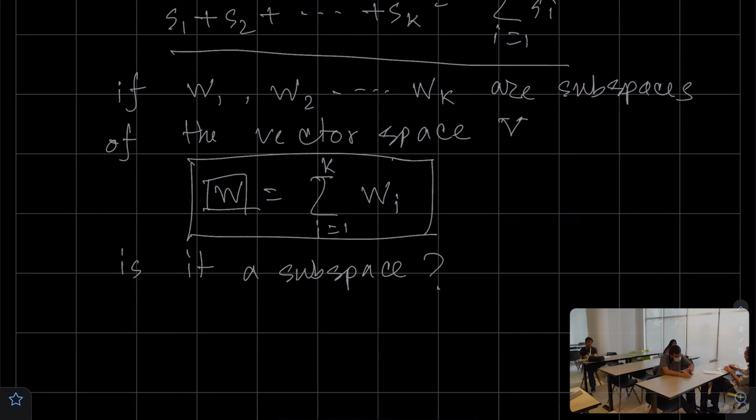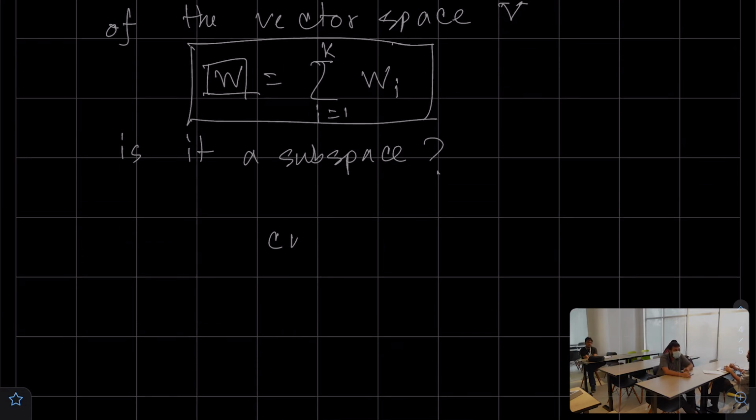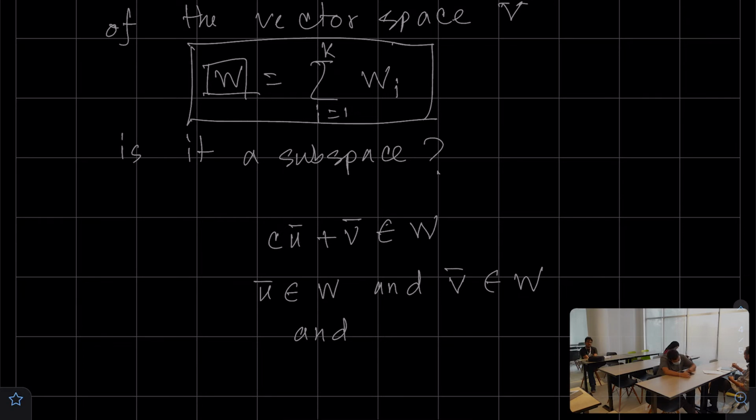You shouldn't just conclude that Cu plus V is in W. You have to check if this vector belongs to W, for any U in W and V in W, and C any scalar. It may not be a subspace, so you have to check whether it is or not.